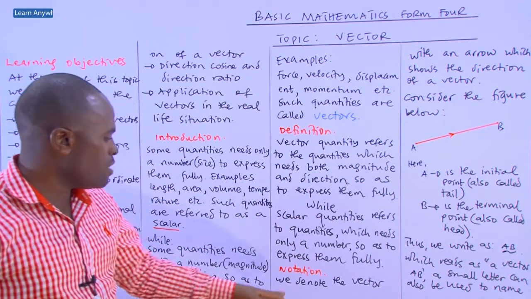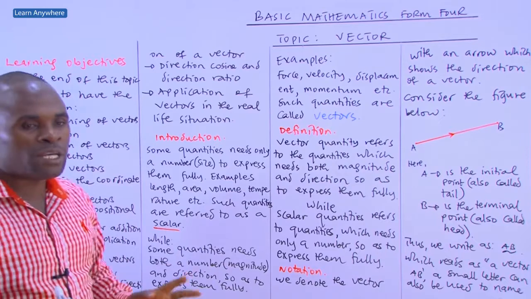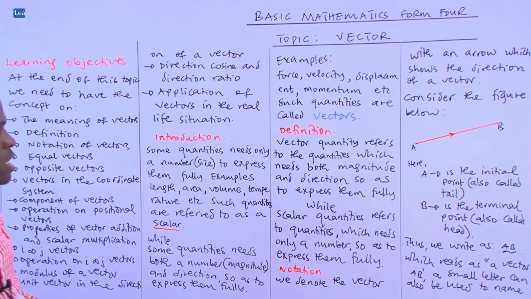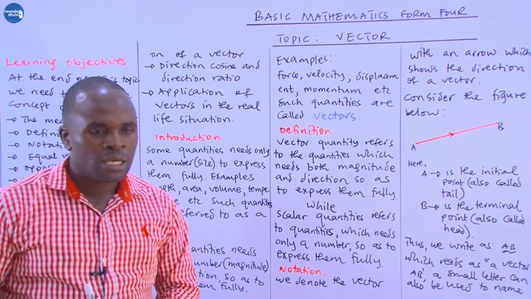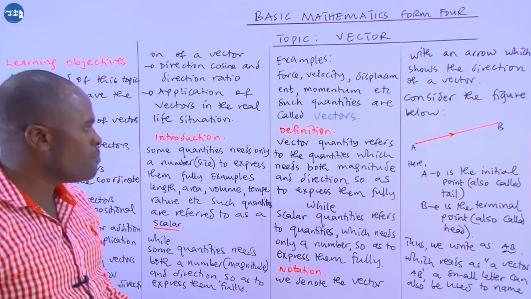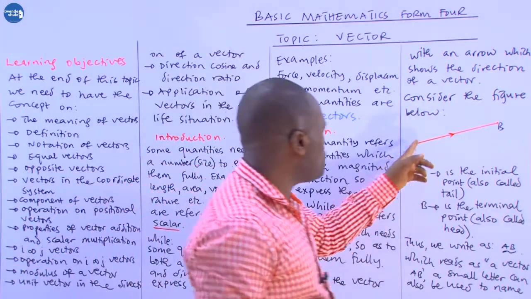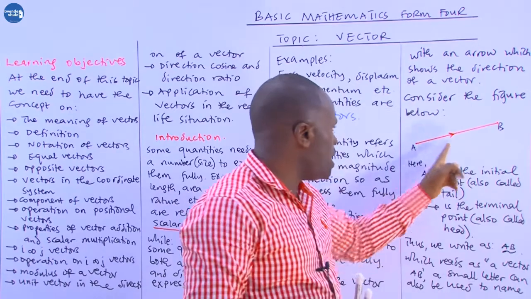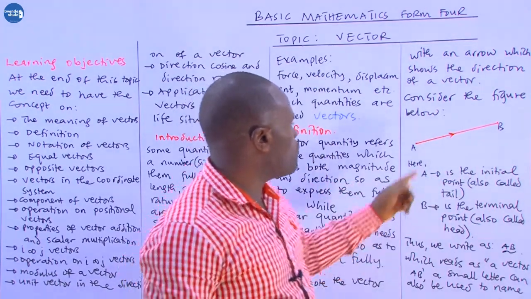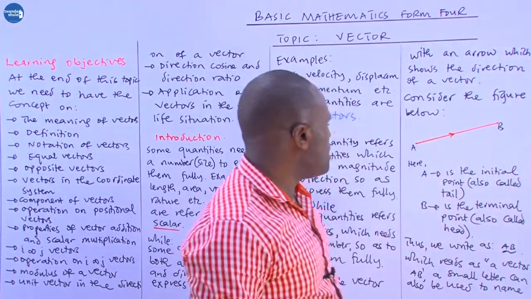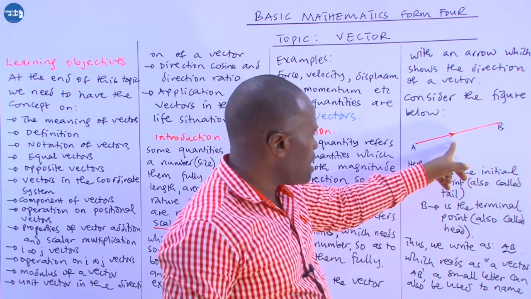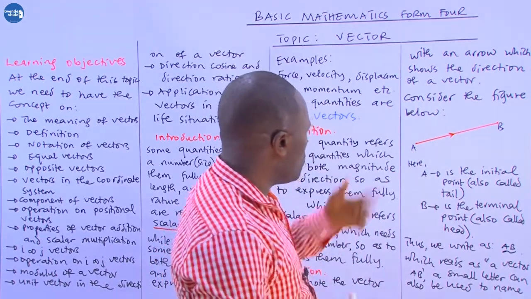So, notation of vectors. We always denote the vector by using an arrow which indicates the direction of the vector, and where the vector comes from. So for example, in this figure, we denote A and B. We say the vector is moving from A to B, and this arrow is the direction.